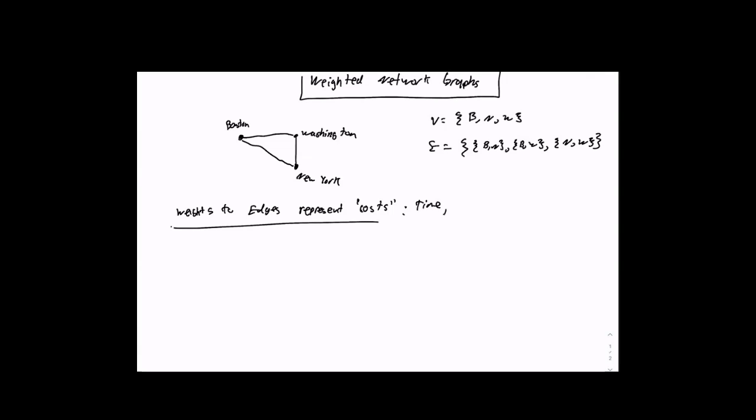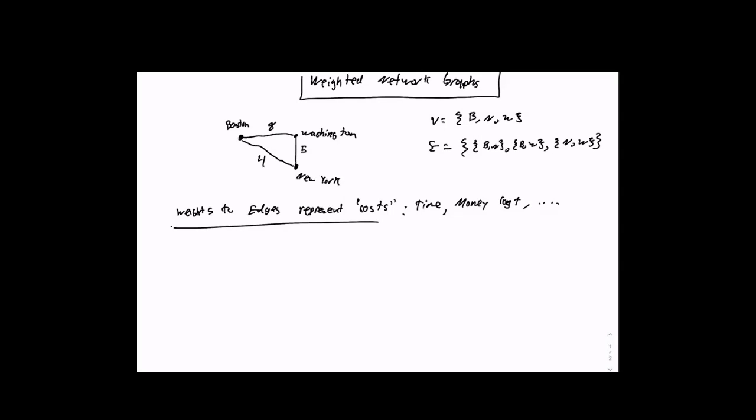It could be actual money. Or it could really be anything else, like how many times you have to do something, or how many times along the way something occurs. For simplicity's sake, we'll talk about time. So we can put a 4 right here, an 8 right here, and a 5 right there.